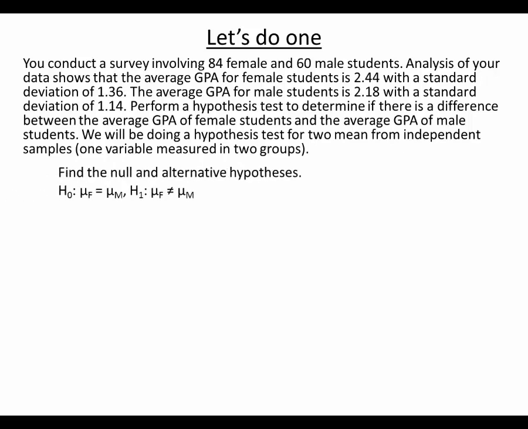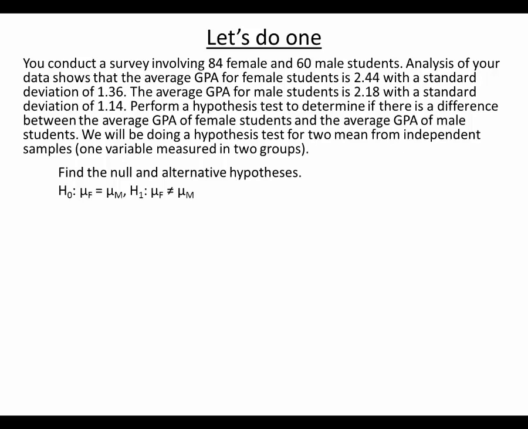So we find the null and alternative hypotheses, and when we're doing tests for two means, we're always going to have the null as mu1 equals mu2, assuming that there's no difference between the two groups, and the alternative would be that the means aren't equal, or that they're different.